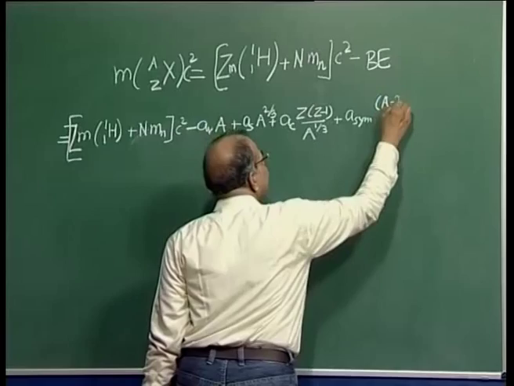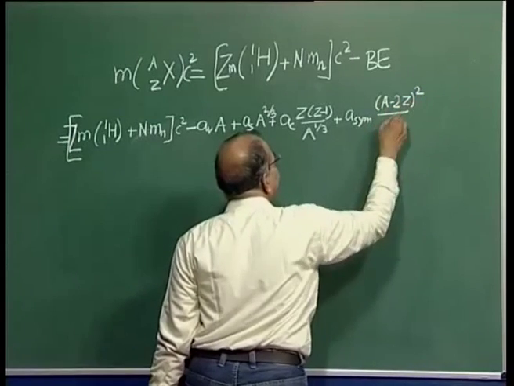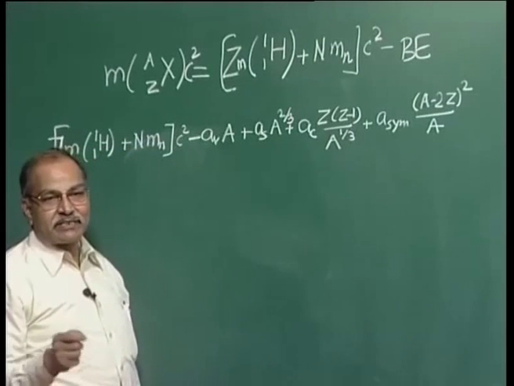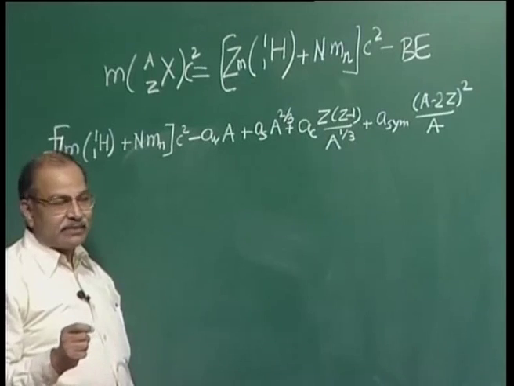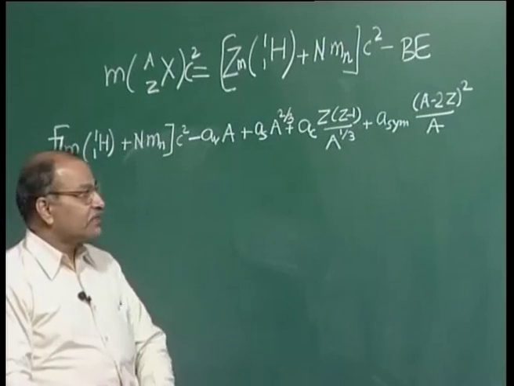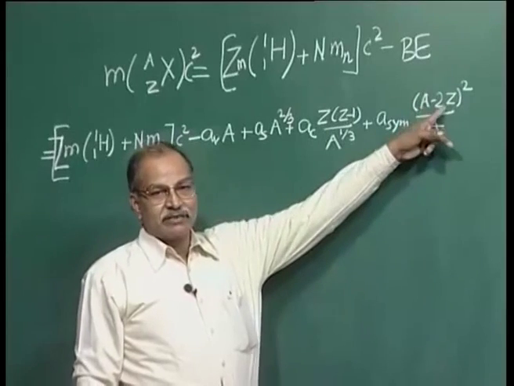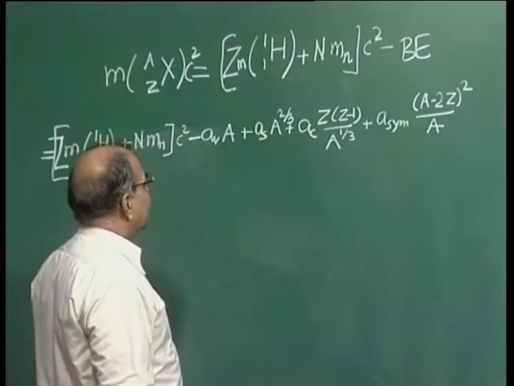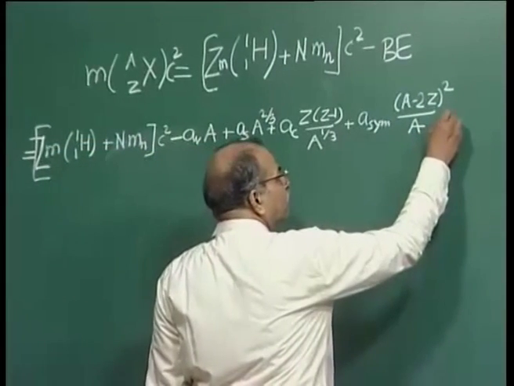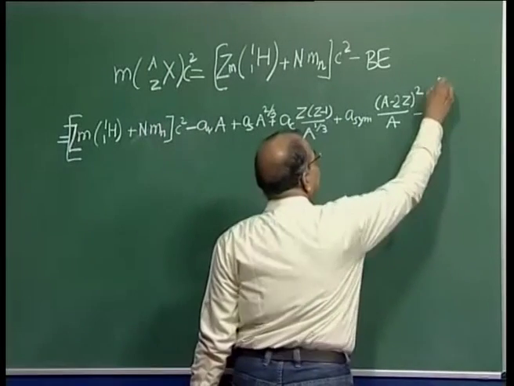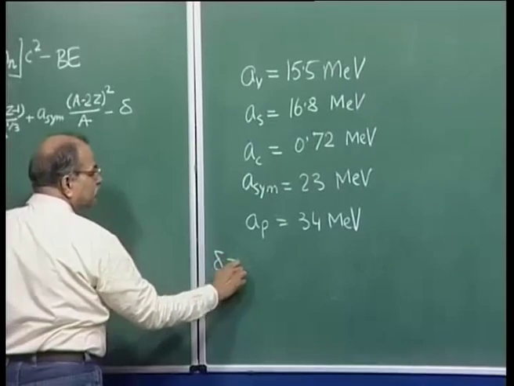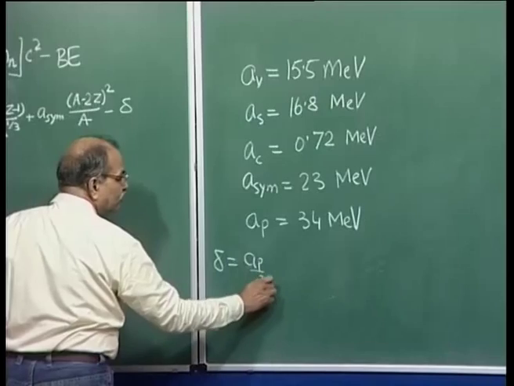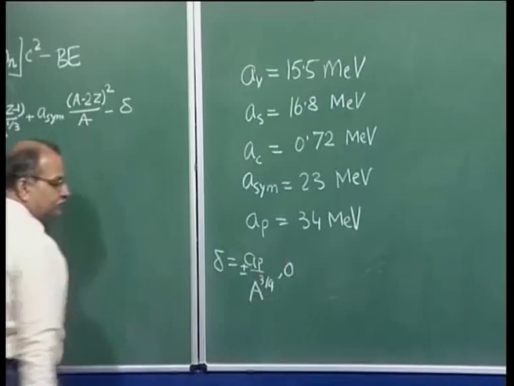Let me write it as (A minus 2Z) whole square by A, since N plus Z is capital A. So N minus Z is A minus 2Z. Why I am writing in this fashion will be clear. And then minus delta, and this delta is AP divided by A to the power 3 by 4, plus or minus or 0.